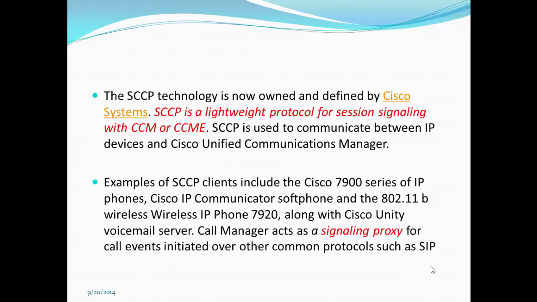Examples of Skinny clients include the Cisco 79 series of IP phones, Cisco IP Communicator, and the 802.11b wireless IP phone 7920, along with the Cisco Unity voice server. Call Manager acts as a signaling proxy for call events initiated over common protocols such as SIP.